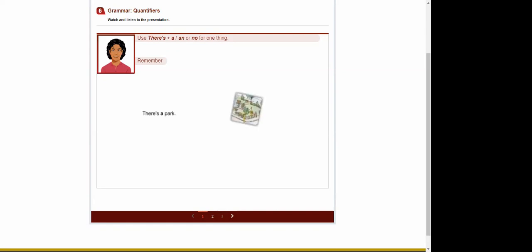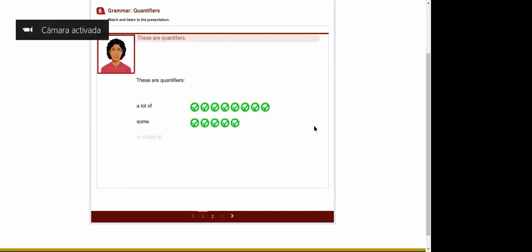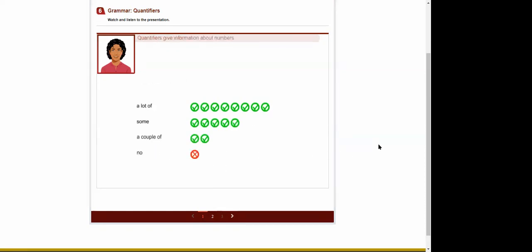There's a park. There's an outdoor cafe. These are quantifiers. A lot of. Some. A couple of. No. Quantifiers give information about numbers.